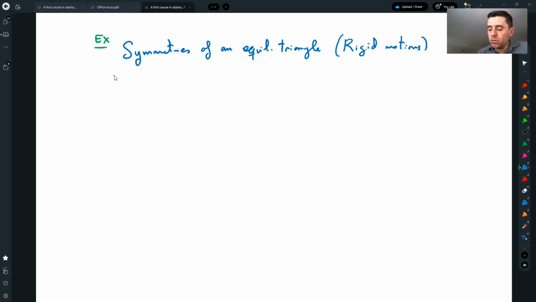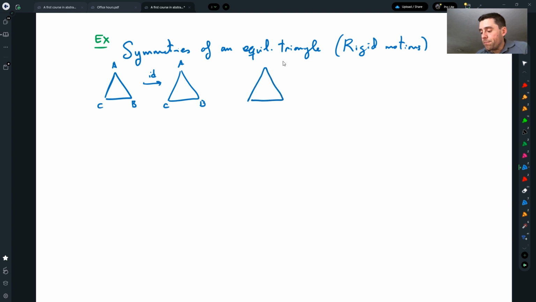So for example, I can do something very silly: the identity map. That will be a rigid motion that leaves the triangle untouched. What else can I do? Something more exciting: from A, B, C, I can do a 120-degree rotation, and that will take A to this position, B will end up here, and C will end up there.